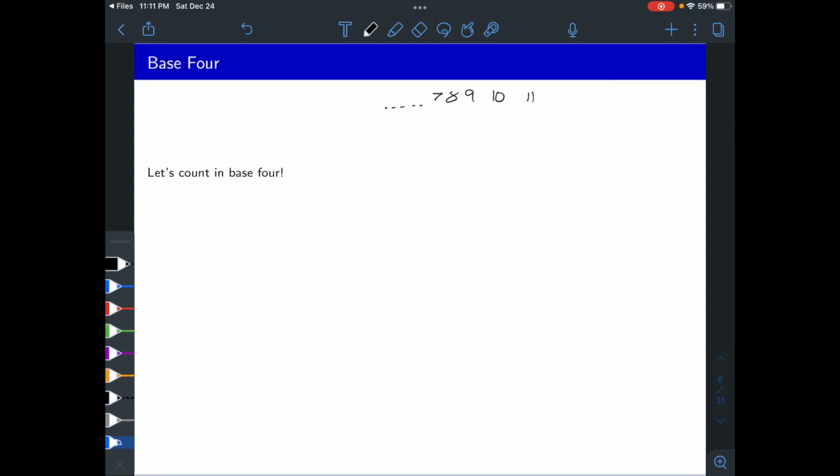Then a 1 and a 1, and a 1 and a 2. This is because we're making groups of 10 here. We don't want an infinite number of digits, with each digit assigned to a number. It makes more sense to say this is one group of 10 and then 0 groups of 1.